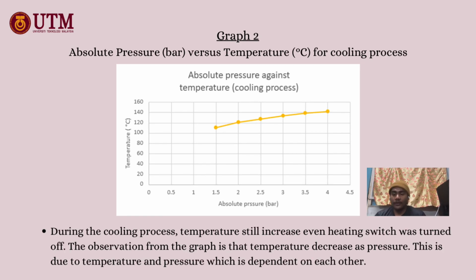Next, we go to graph 2, absolute pressure versus temperature for the cooling process. In this graph, we can tell that during the cooling process, temperature still increased even though the heating was switched off. The observation from the graph is that temperature decreased as pressure decreased. This is due to temperature and pressure being dependent on each other.